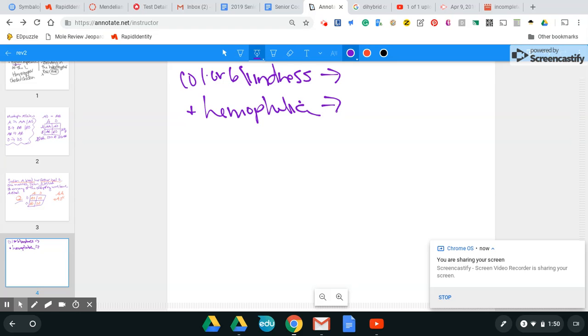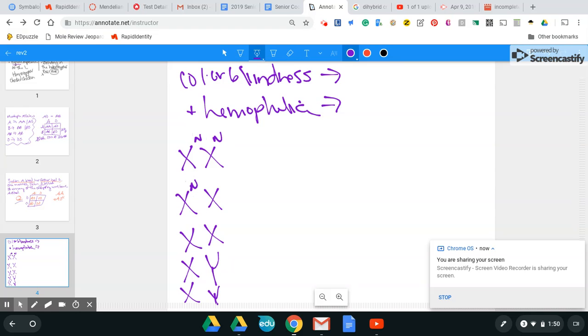So we always have to use the X and Y chromosomes, because these, since it's a sex-linked trait, are on the X and Y chromosomes. So if the daughter is normal, she's got 2 big ends. If she's a carrier, she's got a big end and a small end. If the daughter is affected, she has both little ends. But for a male, he either doesn't have it or he does have it.